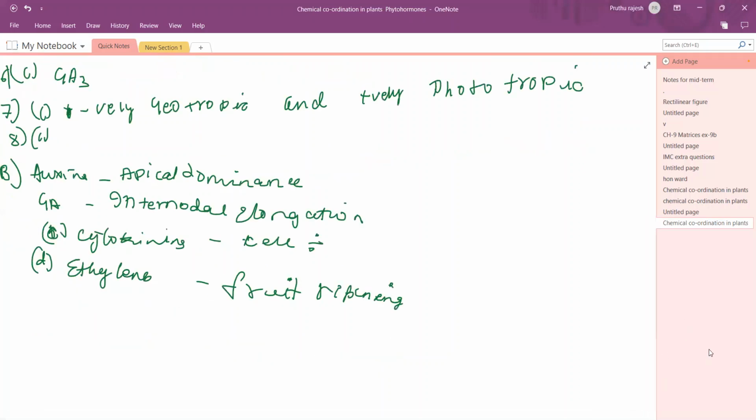The second question, third question, fourth question, fifth question are all independent questions. So descriptive type I'm not going to do. We'll directly move to structured and application or skill type.